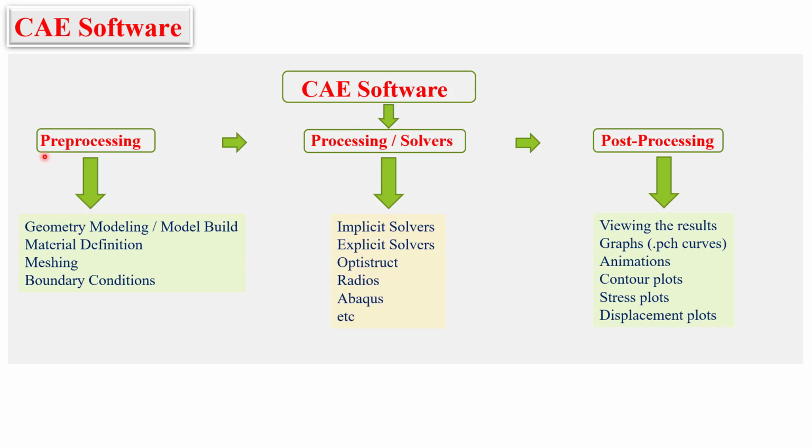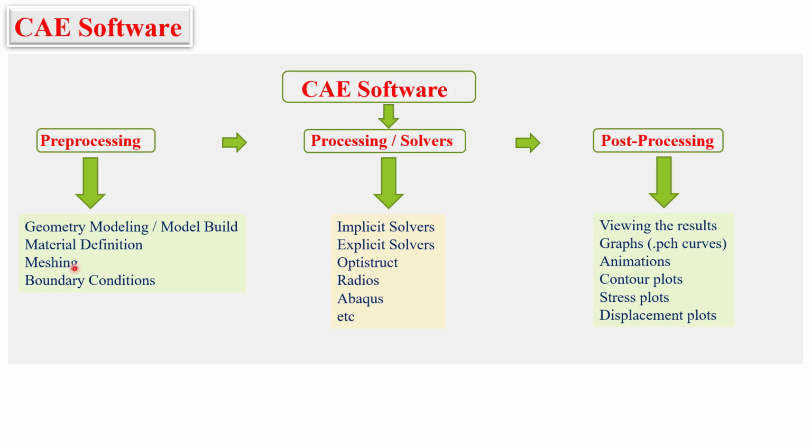I was talking about the CAE software. So we'll just jump into the different types of analysis, what we do in the steps in the analysis actually. In the pre-processing, the first one, we do the model build activities as I explained, and then we define the material. For the different components or the different parts, we define the material, and then we mesh the model.